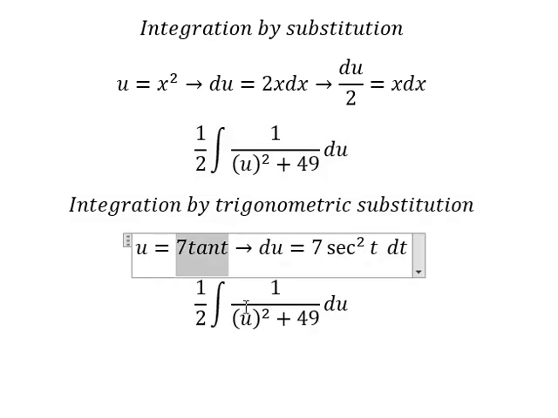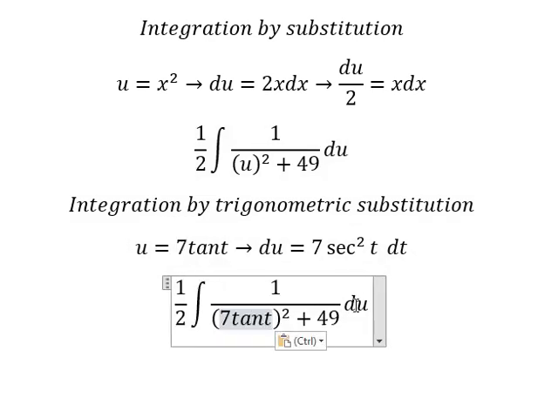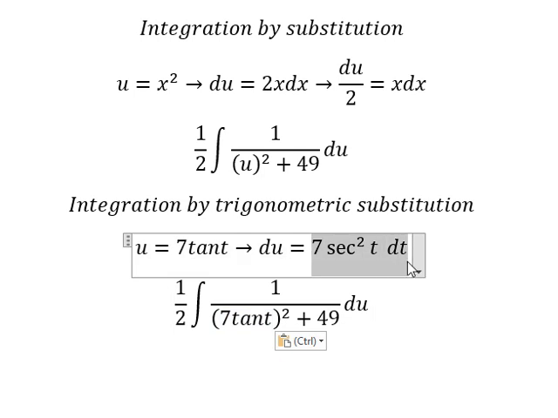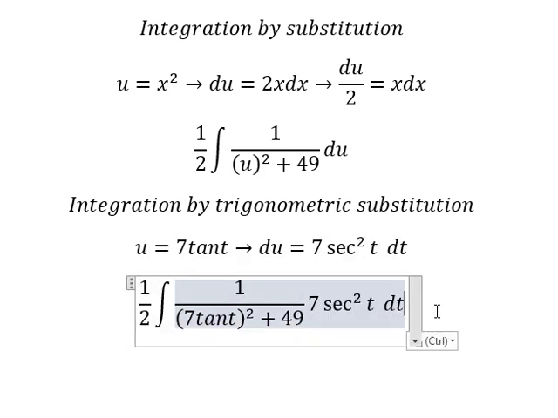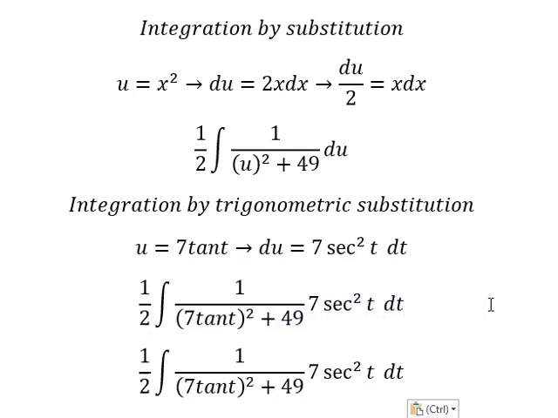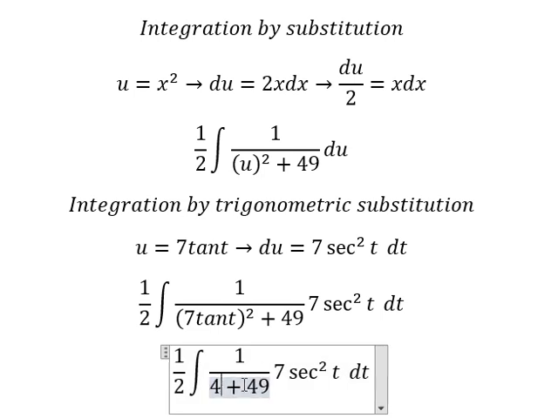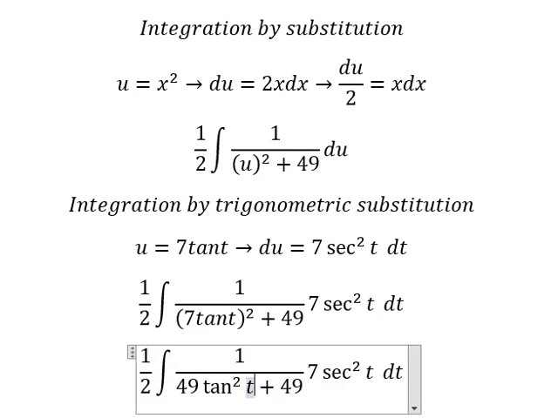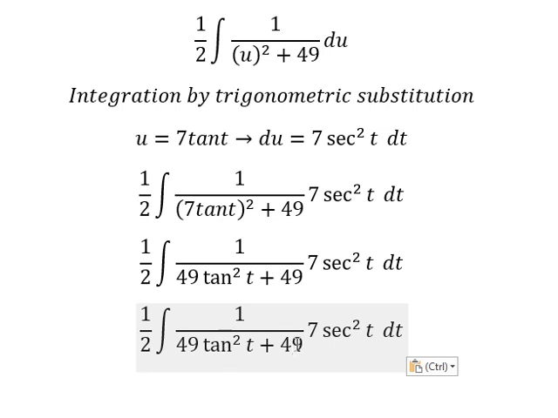So I will put this one in here. Du we change by this one. This one we have 49 tan t squared. 49 we can do factorization.